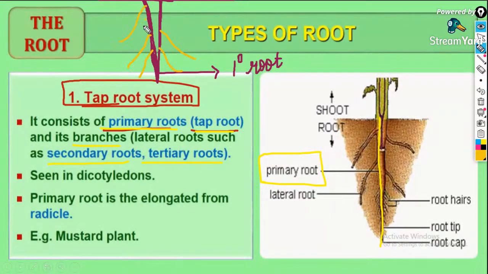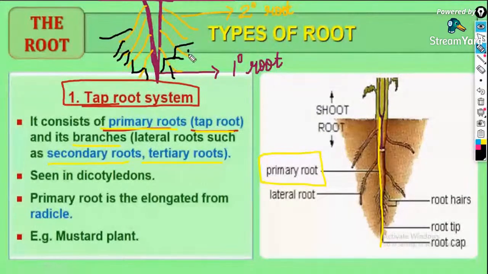And there is a type of root that originates again from the secondary root, small hair-like projections occurring from the secondary root, and you will be calling it the tertiary root. I hope all the concepts are clear.